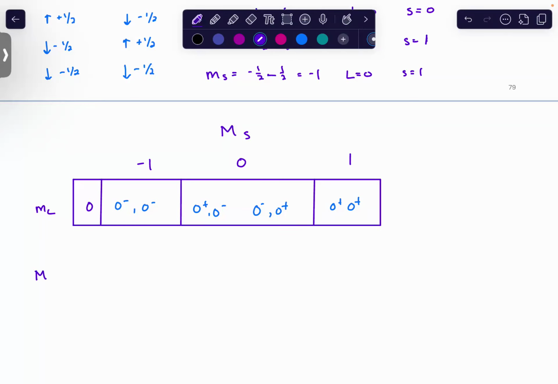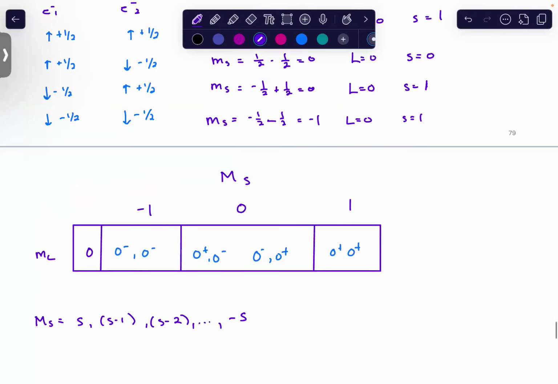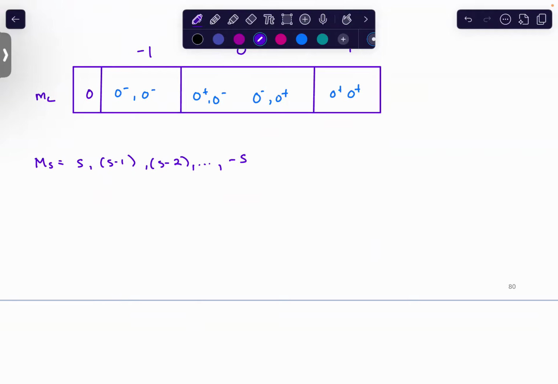So this sets in motion something you see, where your M sub S values are also going to range from S, S-1, S-2, to -S. Now, S itself, when you're looking at the spin of your system, you're thinking about your multiplicity, S can't take a negative value, but on your microstate table, it can, okay? And in the center, you end up with two states that provide two completely separate wave states.